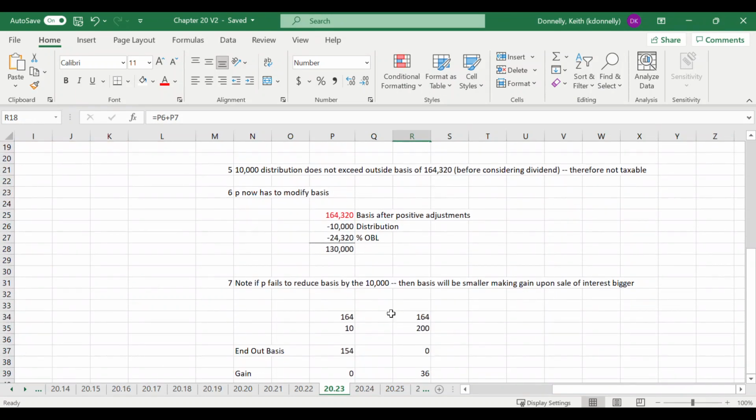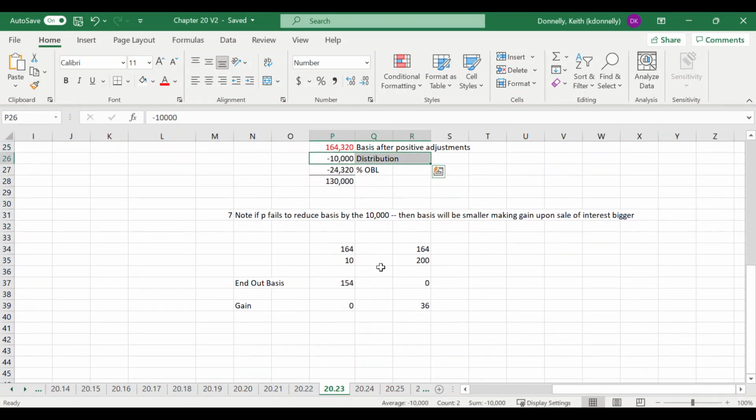Then it looks like here we have to modify our basis for the distribution, and our percentage of loss attributed to us. It's going to get us to 130. That's great. And I have here, if the partner fails to reduce basis by the $10,000, it will make the gain bigger. So this is just showing us the double taxation idea.